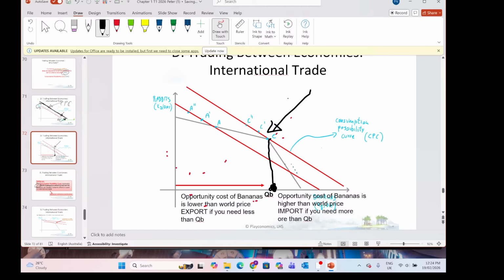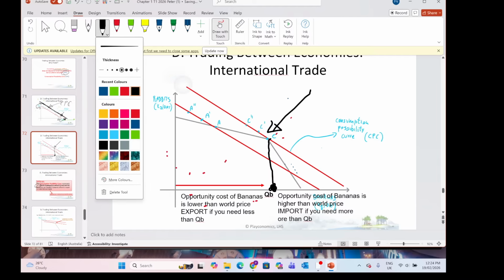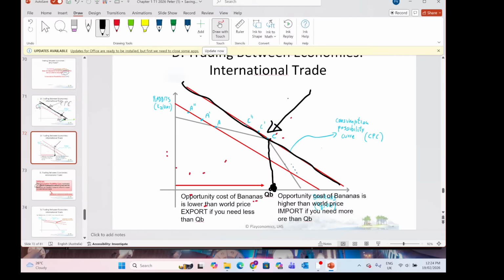Imagine that along this consumption possibility curve, here's our consumption possibility curve, I'm highlighting in black, this country, Alberto and Leo's country, wants X bananas.